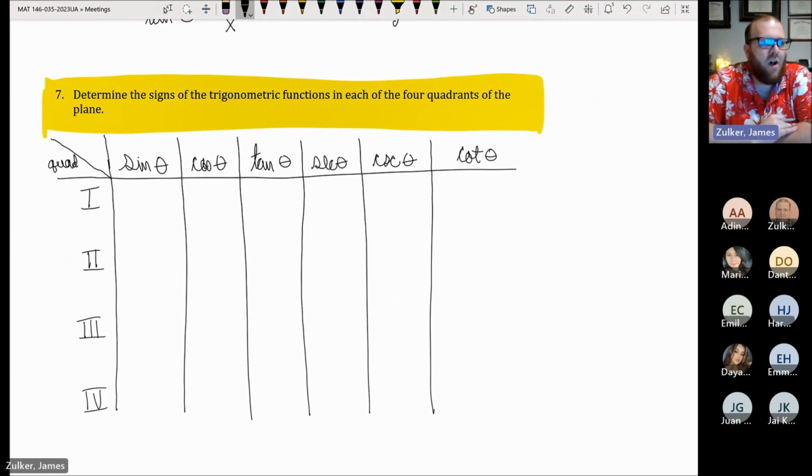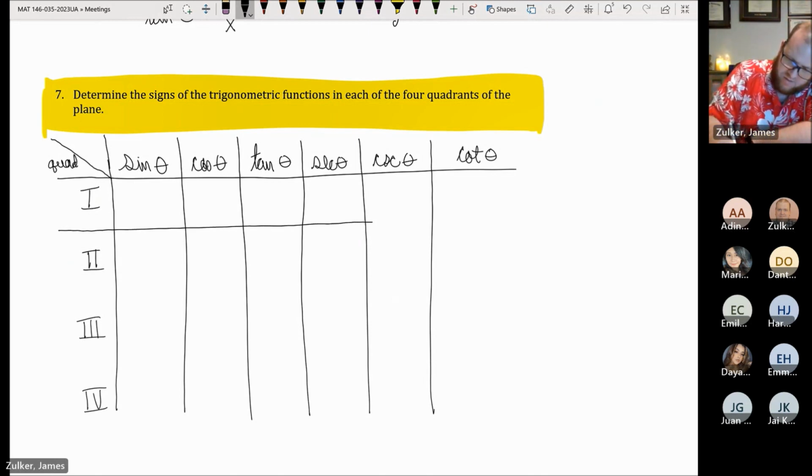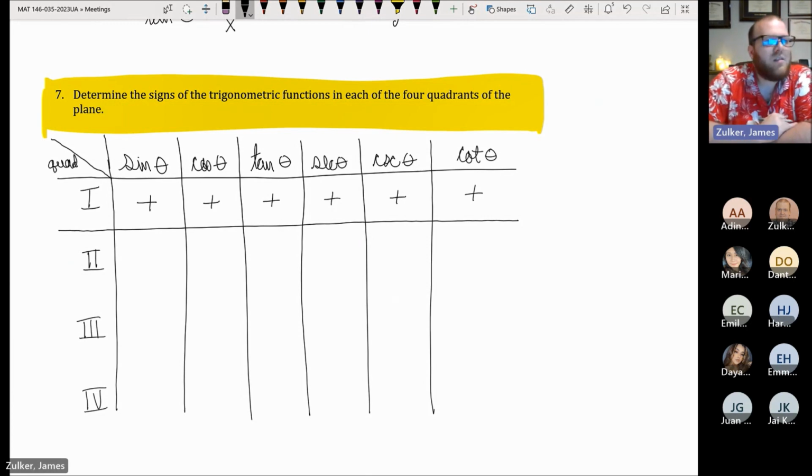In quadrant 1, x and y are positive. That means every single trig function will be positive in that quadrant.